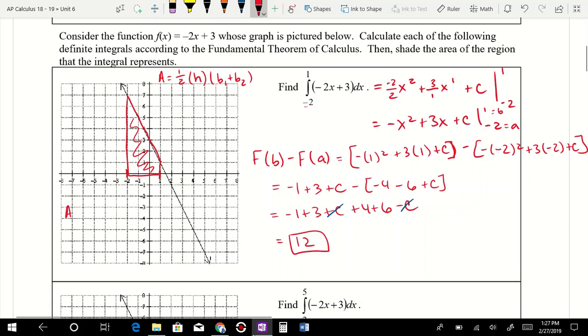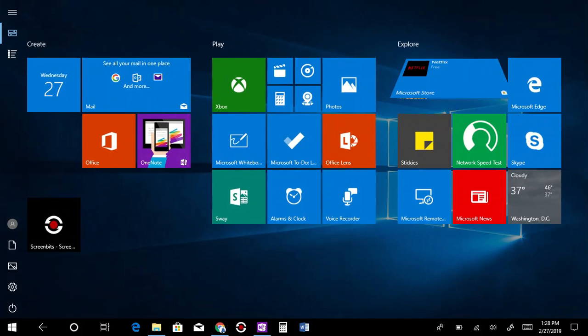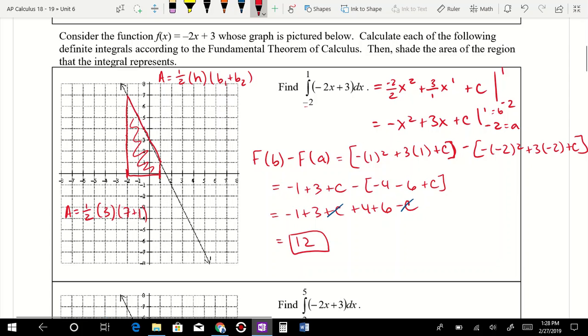So we'll have area equals 1/2. Our height is 3. Our first base is 1, 2, 3, 4, 5, 6, 7. And our second base is 1. 7 plus 1. So our area is 12, which matches what we found analytically.